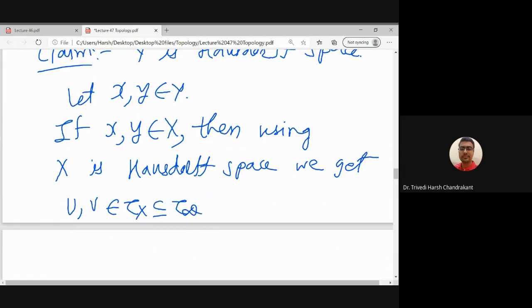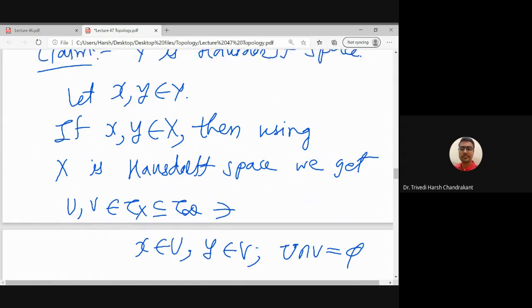So they are also open in tau infinity, such that x is in U and y is in V, and they are disjoint. U intersection V is the null set.